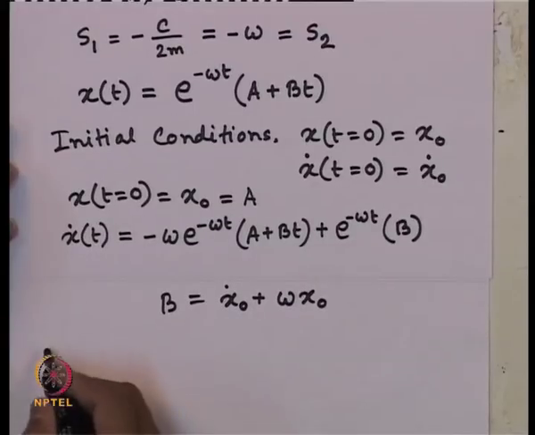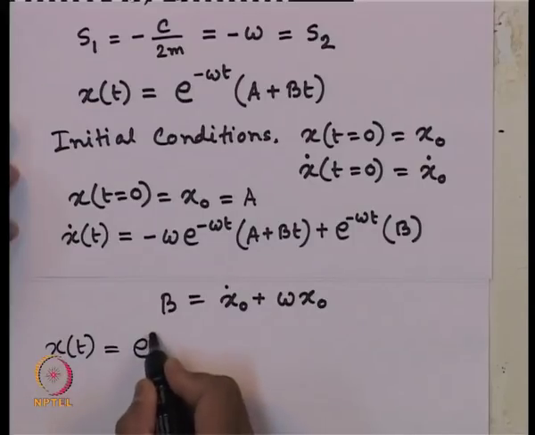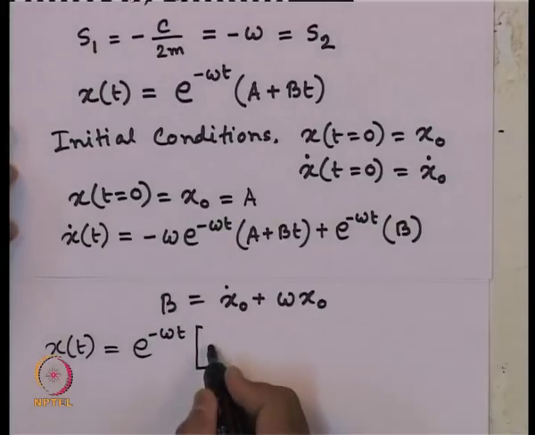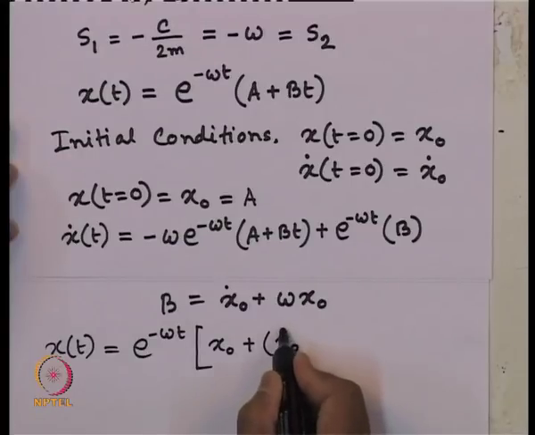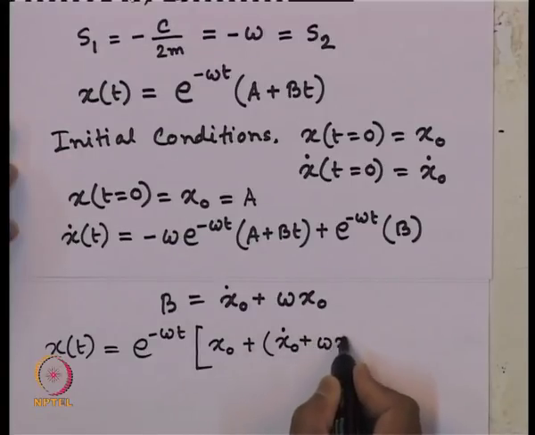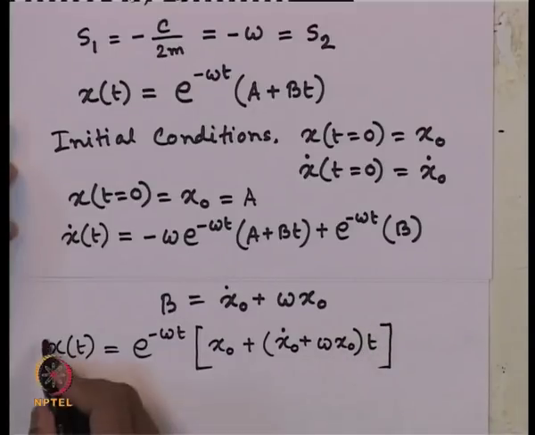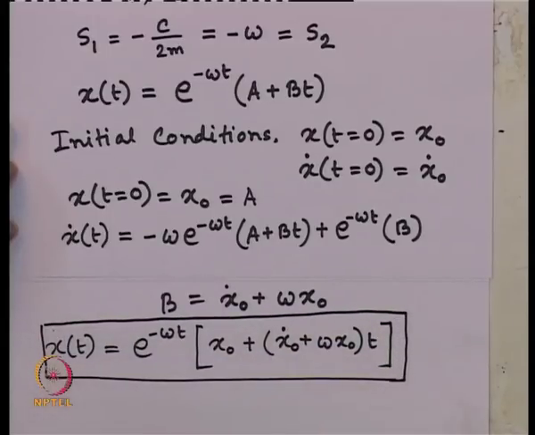The complete solution x of t will be e to the power minus omega t times (a, meaning x naught, plus b, meaning x naught dot plus omega x naught, times t). So, this is the final solution using the initial conditions for the case where roots are real and equal.